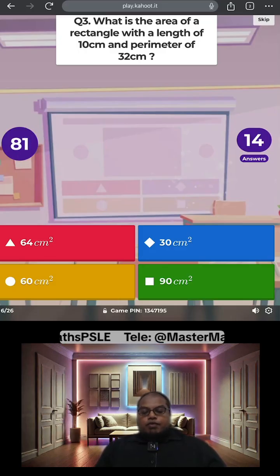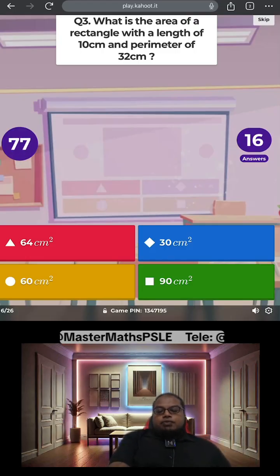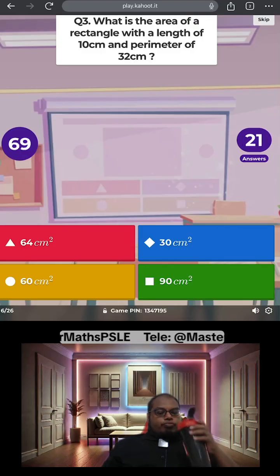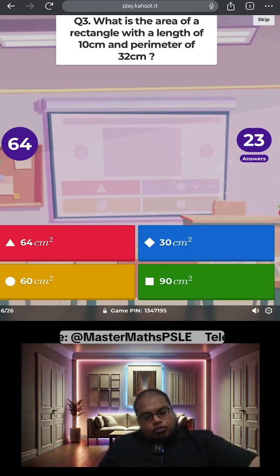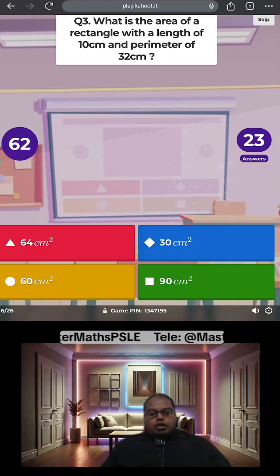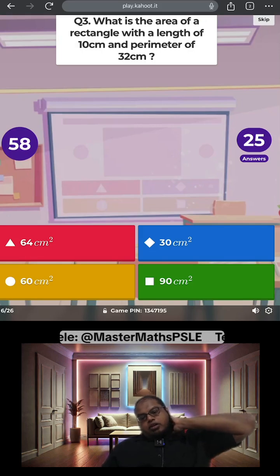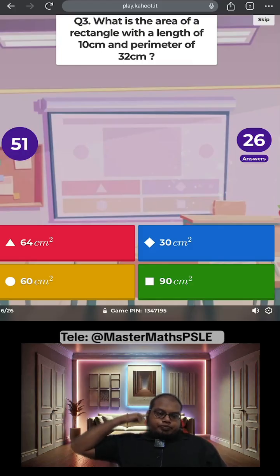They are asking for area of a rectangle where the rectangle has a length of 10 cm and perimeter of 32 cm.